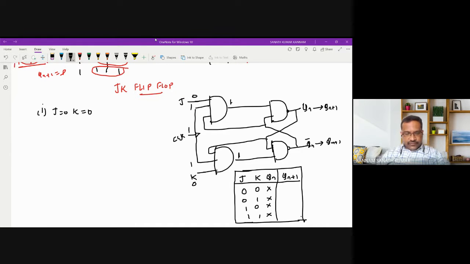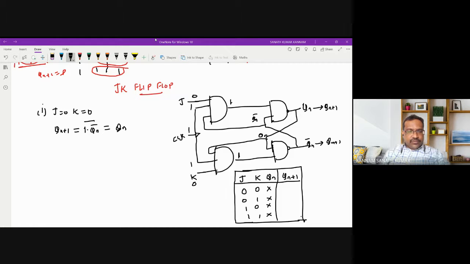Okay, so that means you can analyze Qn plus 1, the next state, as 1 into, what is the other input, Qn bar. So 1 into Qn bar whole bar, this is equal to Qn.